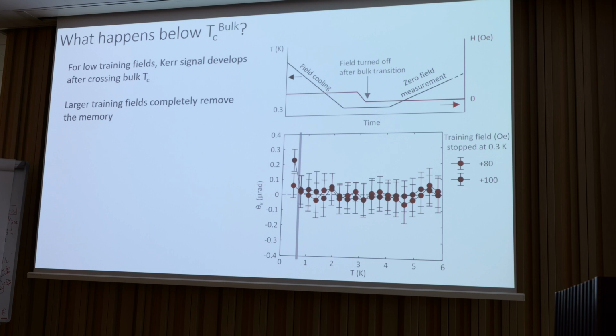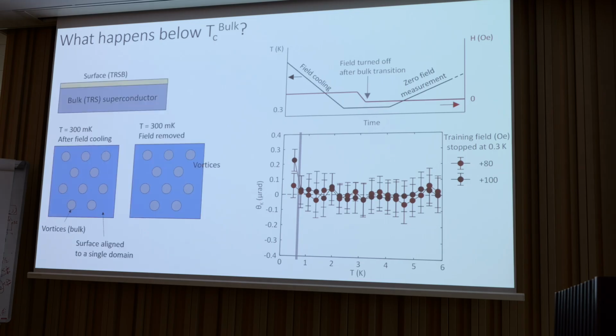It took us a while, but we have a picture that we think explains all of this. And this has to do, again, with the fact that we don't just measure the surface independently, but we have this bulk superconductor, which maybe preserves time reversal symmetry, maybe doesn't. But the point is that once you pull it down through the bulk transition with the magnetic field turned on, you have vortices. Now the question is what these vortices do to your very delicate magnetic state at the surface.